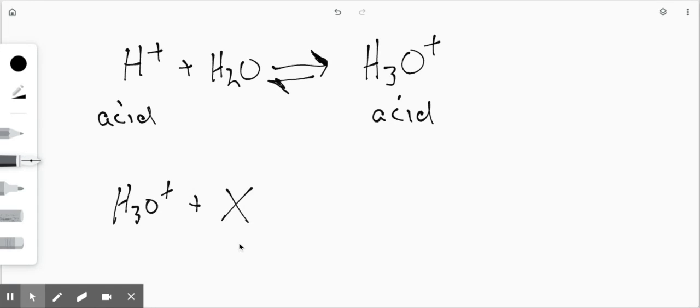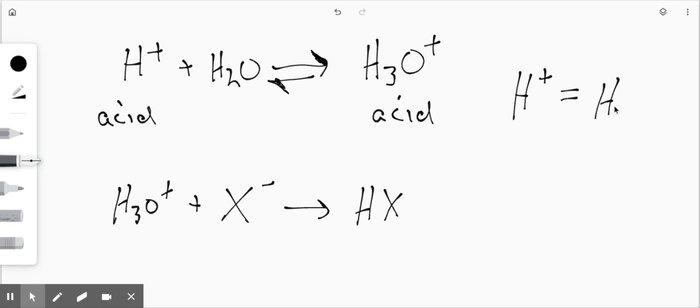Some other species we'll call X. Isn't it quite possible that that piggyback ride of that H plus, that proton, is donated to X to form HX? So you have to understand when you see H plus or H3O plus, for all intents and purposes, you can really kind of consider them one and the same.